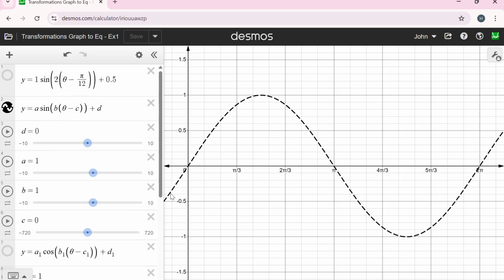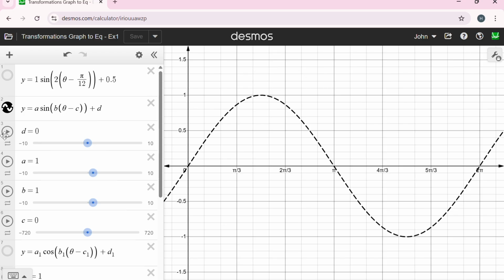Okay, over on Desmos. I love Desmos because I can show you the transformations in real time, and it's a live demonstration, so you can toggle back and forth between the different states of the transformation, whereas what we just did on the smart board or on a piece of paper is very static. It's hard to erase or go back and forth to see the effect of the various transformations.